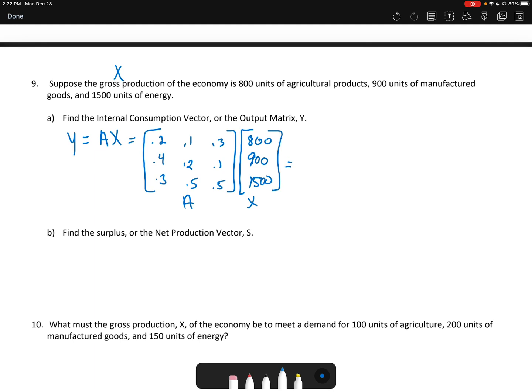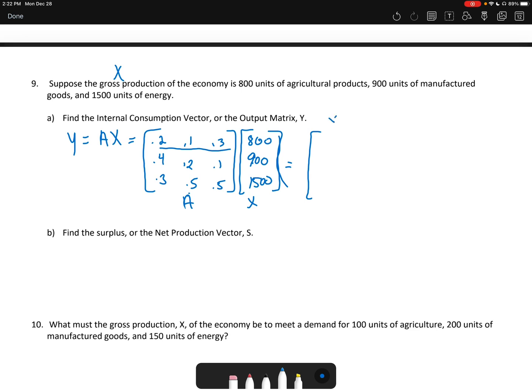You can grab your calculator if you so choose, put in your A, put in your X, and multiply them. Or this part at least is not too bad to do by hand. If you want to do it by hand, multiply across and down, across and down, across and down.